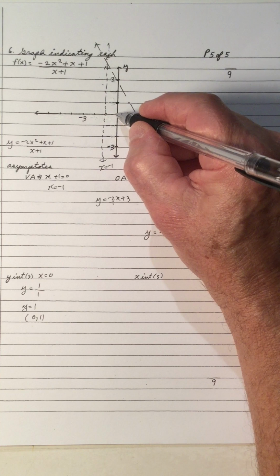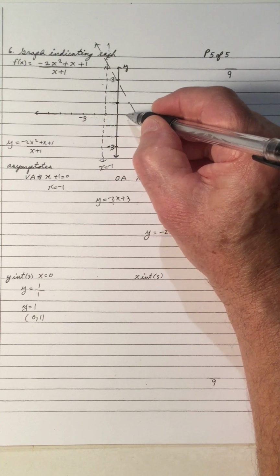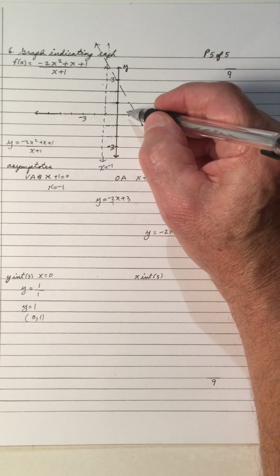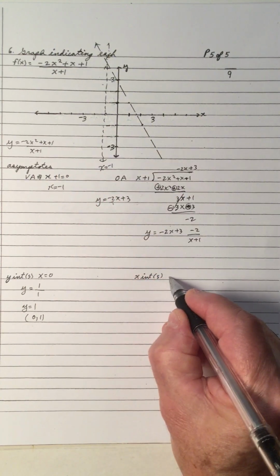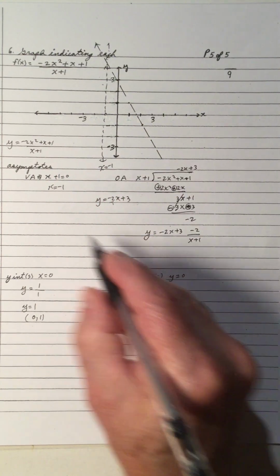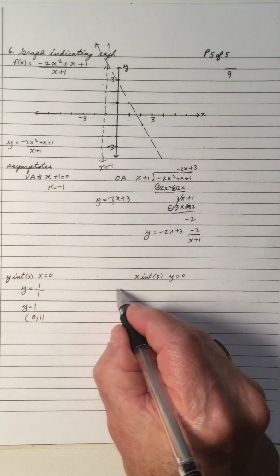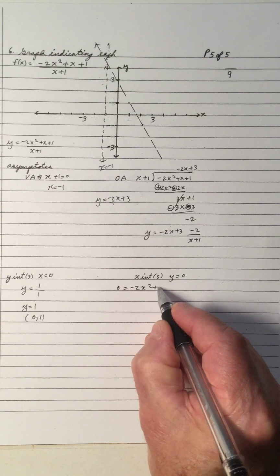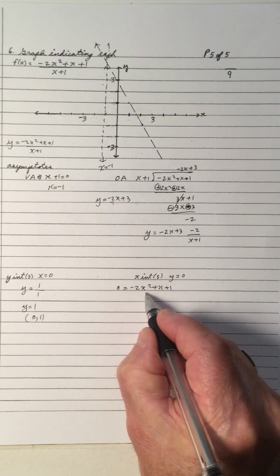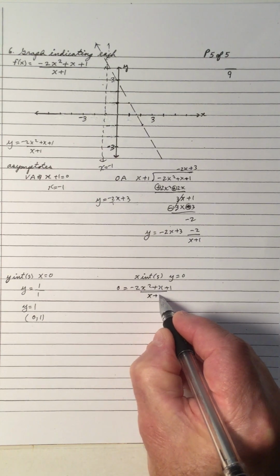So now let's see what the x-intercepts are going to be. So we have this equation, and x-intercepts is when we make y equals 0. So 0 equals negative 2x squared plus x plus 1 all over x plus 1.